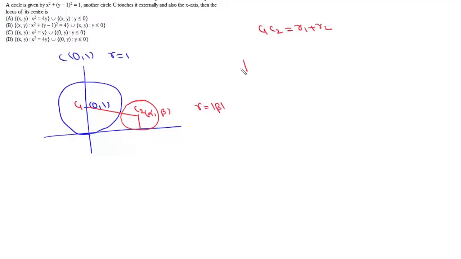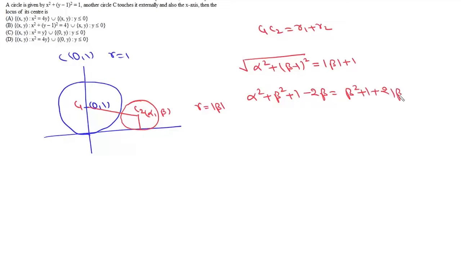Now C1C2 is under root of alpha square plus beta minus 1 whole square, and R1 plus R2 is mod of beta plus 1. Now we'll square it. So we can write alpha square plus beta square plus 1 minus 2 beta will be equal to beta square plus 1 plus 2 mod of beta.